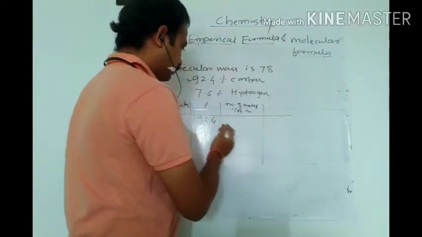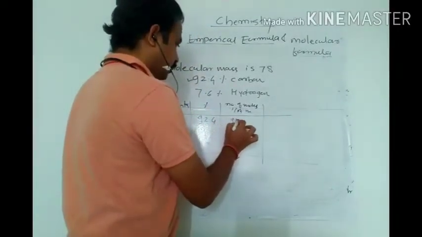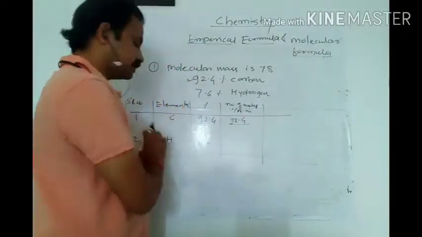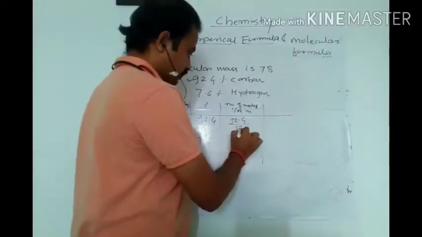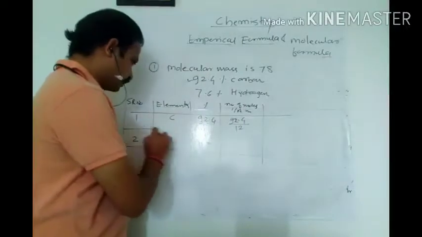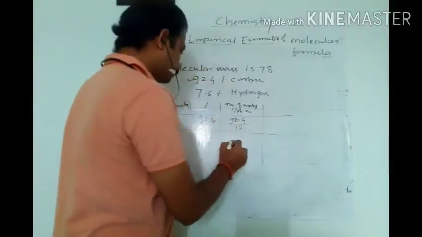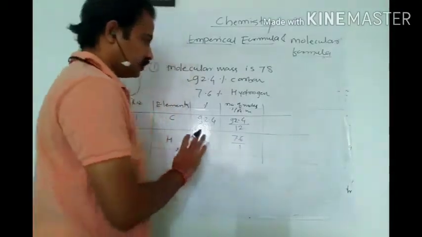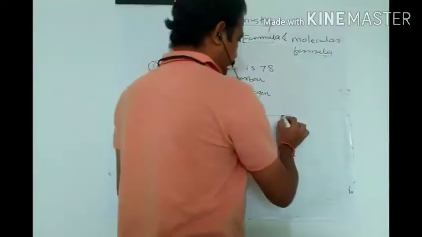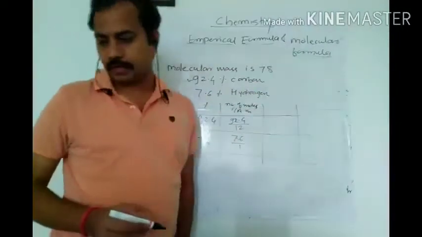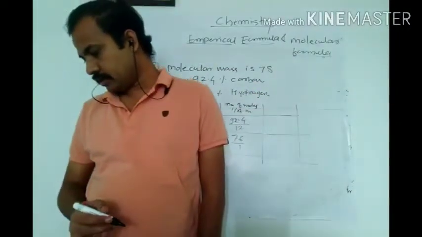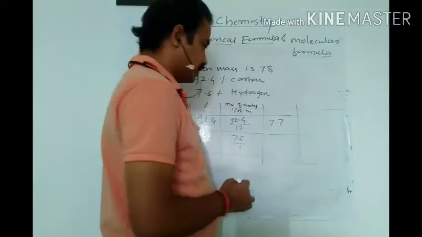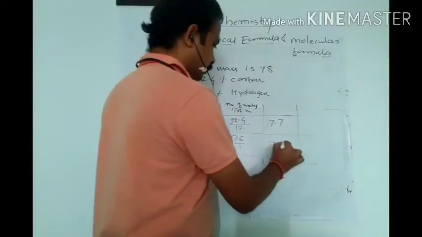For carbon, 92.4 as a percentage divided by the atomic mass of carbon, which is 12. Similarly for hydrogen it is 7.6 and the atomic mass is 1. So 92.4 divided by 12 is nothing but 7.7, and for hydrogen it is 7.6.